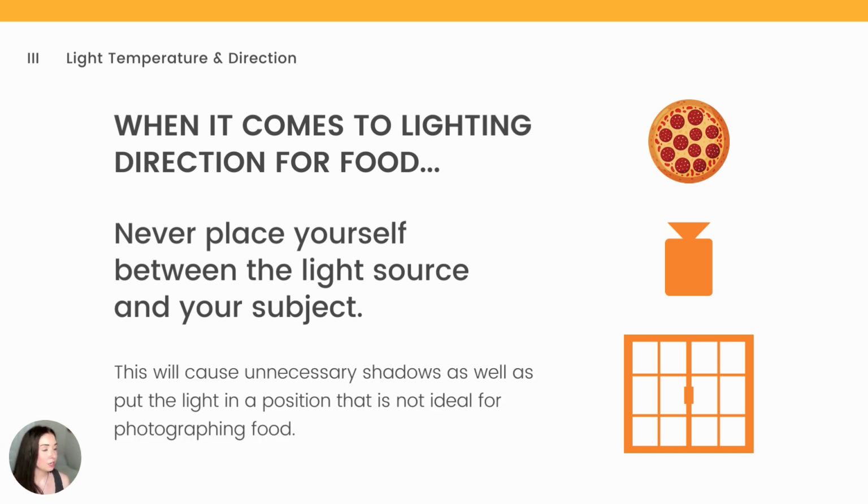So we don't want to cause any of those unnecessary shadows, and we also don't want to lose any of that visible texture or any of that vibrancy in our food photos.